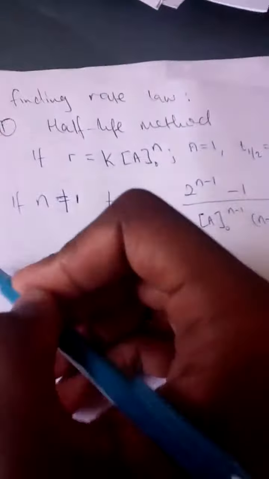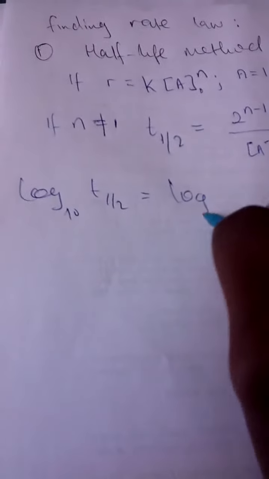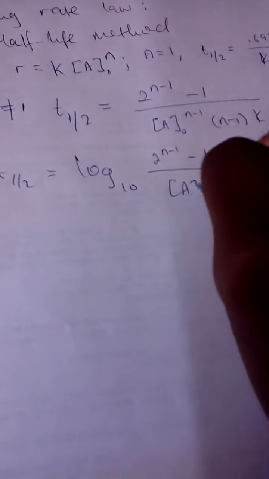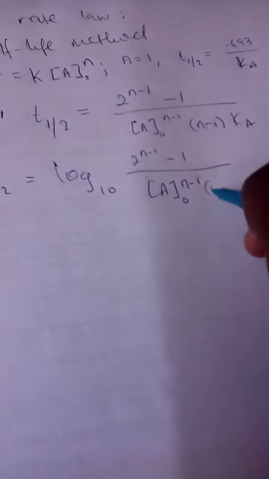Now the point of me doing this is I'm going to log both sides. log10 t-half equals log10 of (2^(n-1) - 1) over (n-1) k A0^(n-1). My goal is to have this by itself.